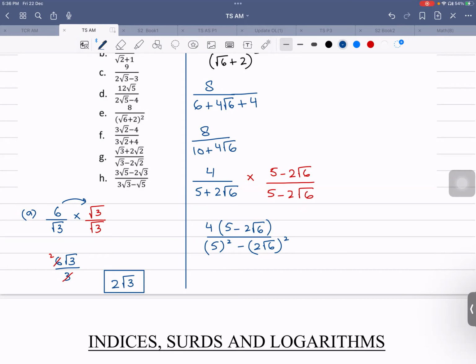Should I multiply 4 with the bracket? No. Why not? Because a factorized answer is always better than an expanded answer.